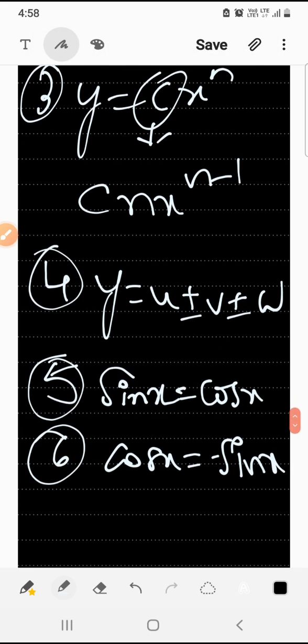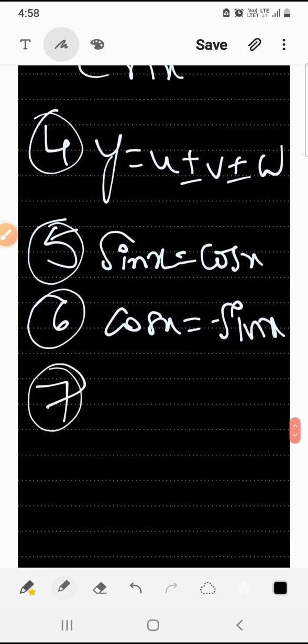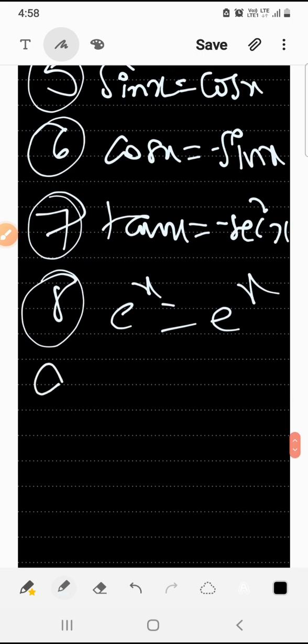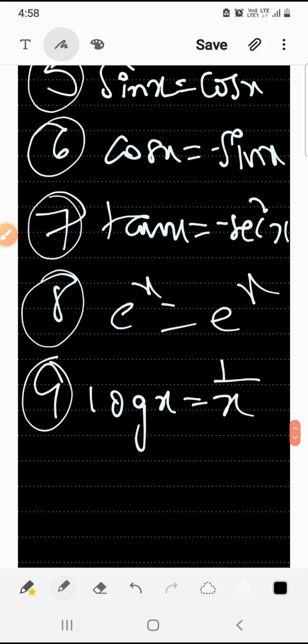Then the seventh is tan x, whose differentiation is secant square x. The eighth, e power x, differentiates to e power x only. And differentiation of log x is 1 by x. So these are the basic differentiation formulas.